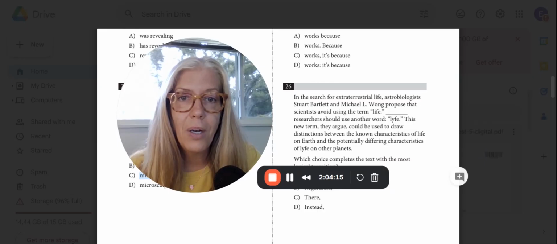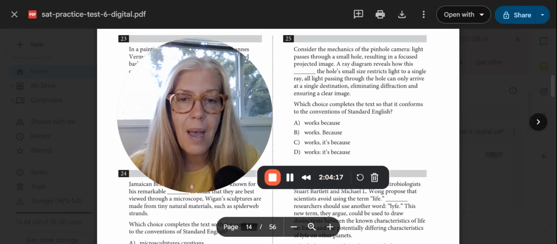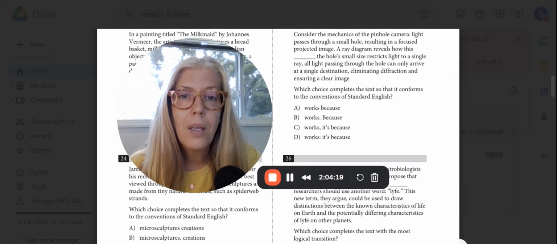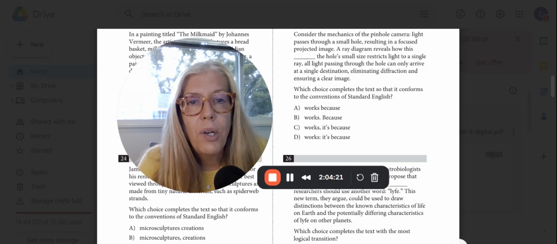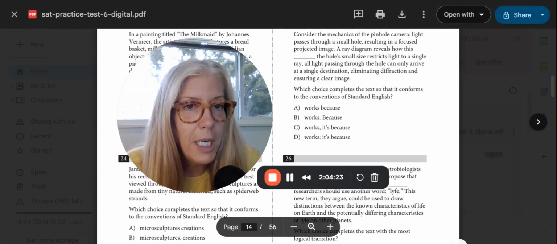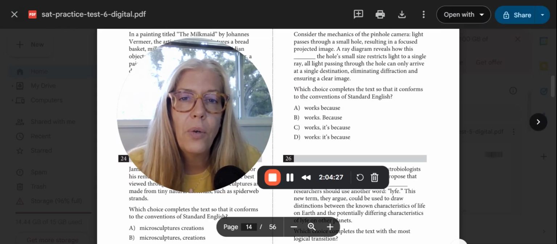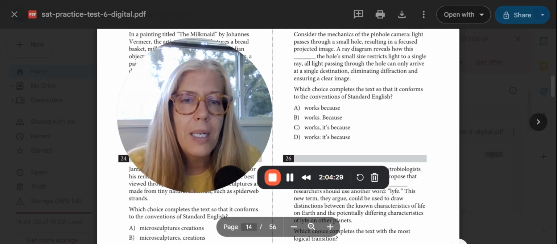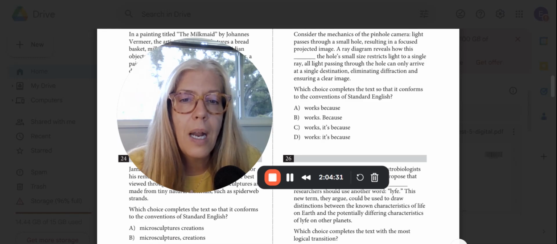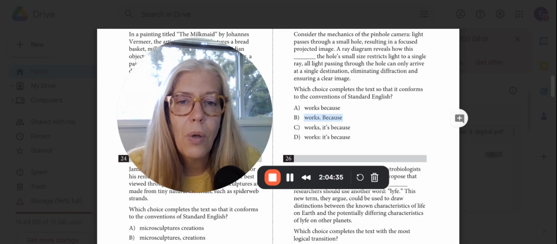Same exact thing. Look at what they're doing up here on 25. Same exact thing. So they're seeing, can I break it up? Consider the mechanics of the pinhole camera. For example, light passes through a small hole, resulting in a focused projected image. A ray diagram reveals how this works. And I want to do the period or the semicolon. How this works, period.